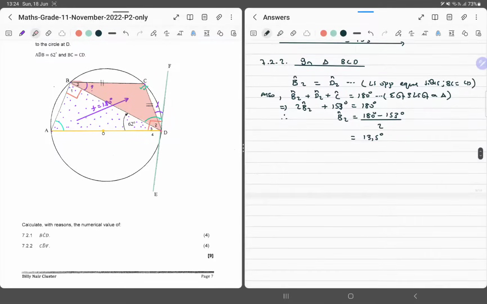Now we know that angle CDF is equal to angle B2. This is the tan chord theorem. Then we have found the value of CDF.